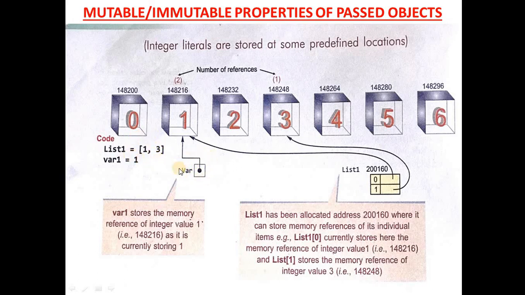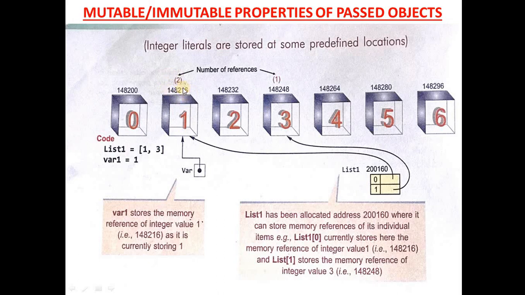Now, how is the variable pointing to the memory? Can you see this? In Python there are predefined locations for all the integers. So 0 is permanently stored in this memory location, as for example, 148200. In this location, 0 is stored.